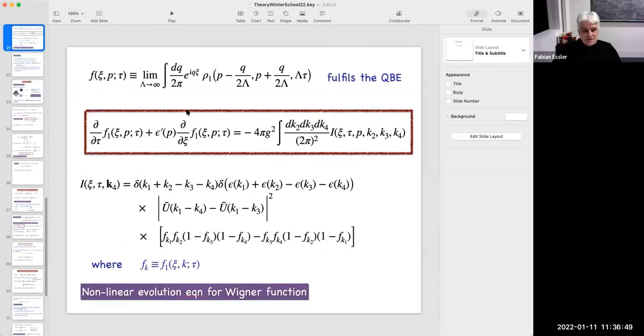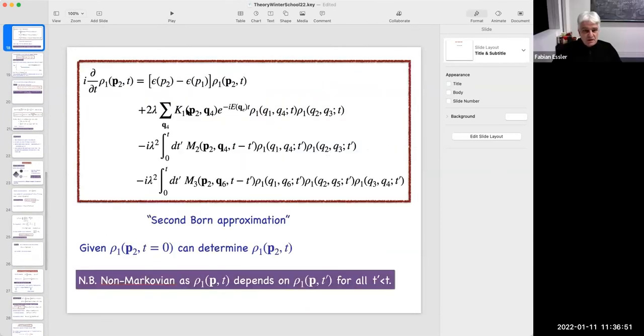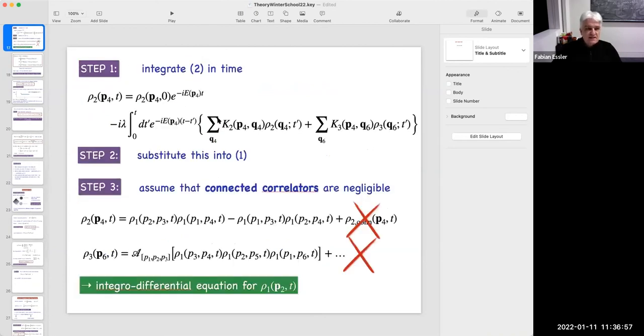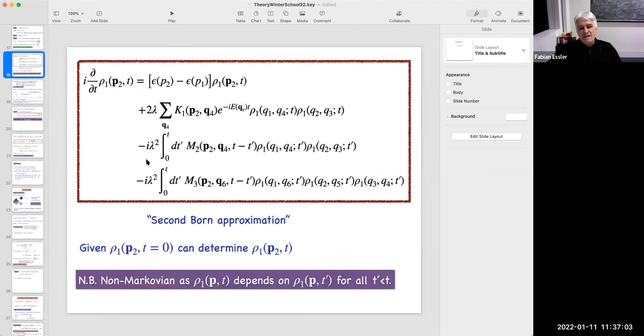Okay. So the truncation is not related to the Boltzmann scaling limit. The truncation I did here by basically assuming that connected correlators are negligible and then stopping at second order, at order lambda squared. That gave me a closed truncated set of equations. I can truncate later, which gives more complicated approximation schemes.